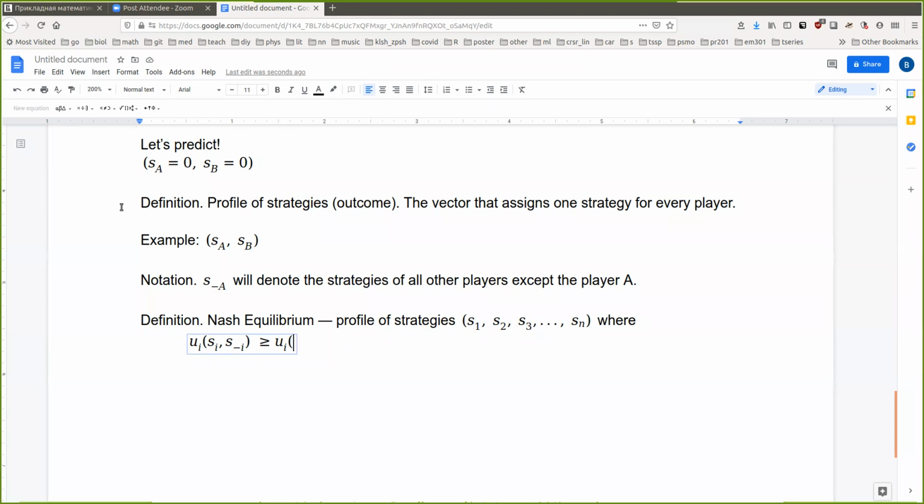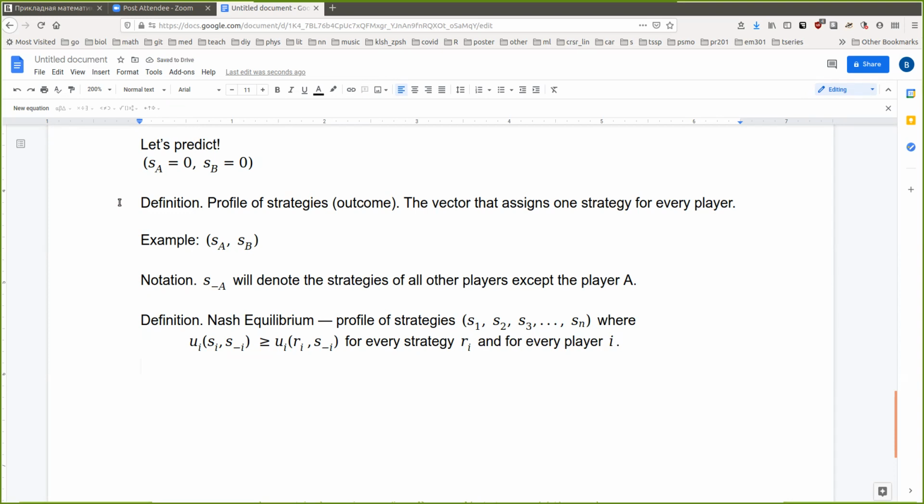If he deviates, he will choose some strategy, let's call it R_i: u_i(S_i, S_minus_i) is greater or equal than u_i(R_i, S_minus_i), for every strategy R_i and for every player i.